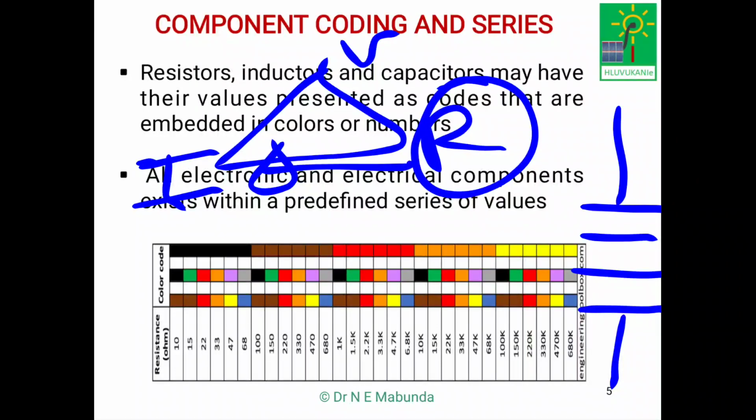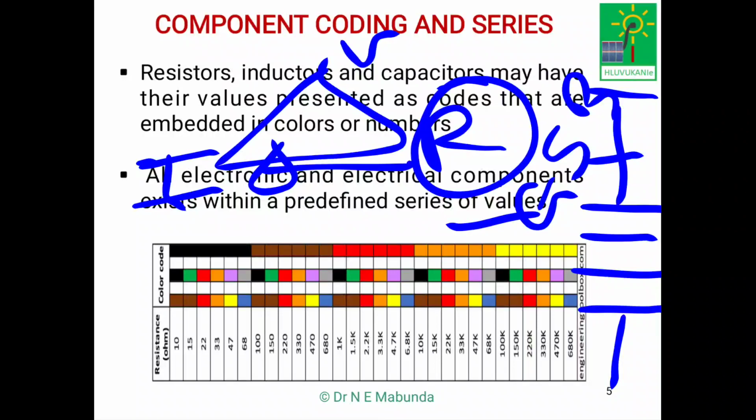The last one quite often is gold or silver. Sometimes they use brown. That is the tolerance of the value which you're going to find here. We still have to discuss that. So if it's gold, it's 5%, silver 10%, brown 2% or 1%. You will have to verify that.